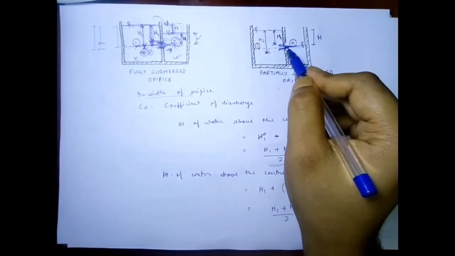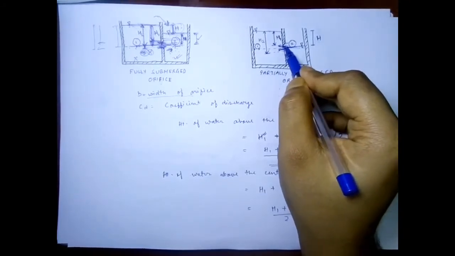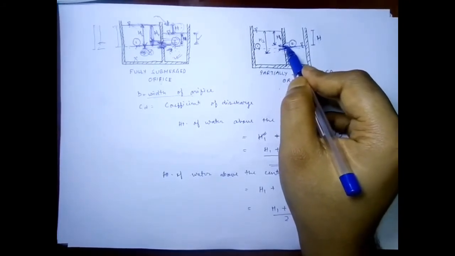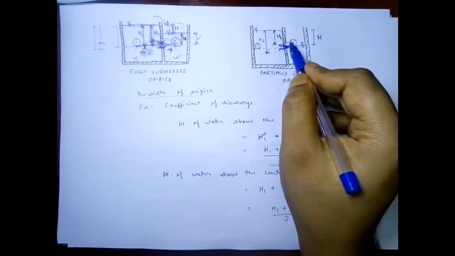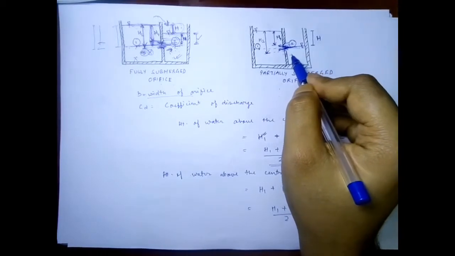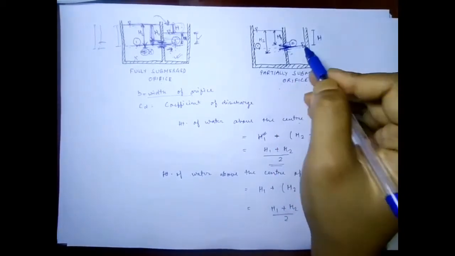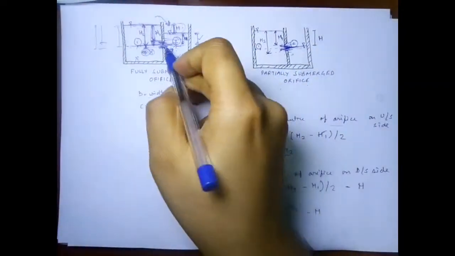So you can see that the upper portion is like an orifice discharging freely, and the lower portion of the orifice is like a fully submerged orifice.